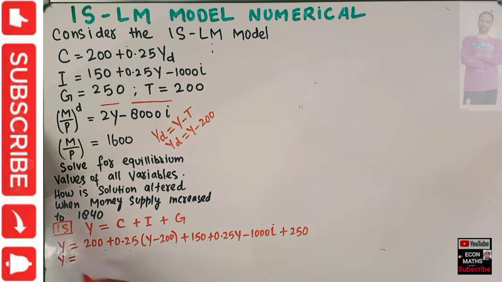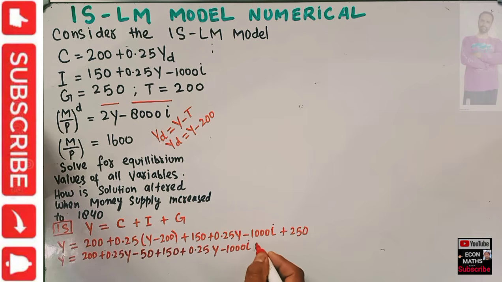So Y is equal to 200 plus 0.25 times (Y minus 200), so multiplying 0.25 with 200, 25% of 200 will be 50, plus 150, plus 0.25 Y, minus 1000 i, plus 250.